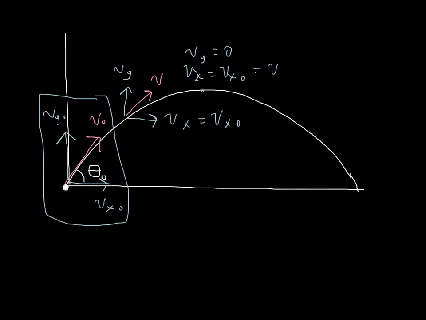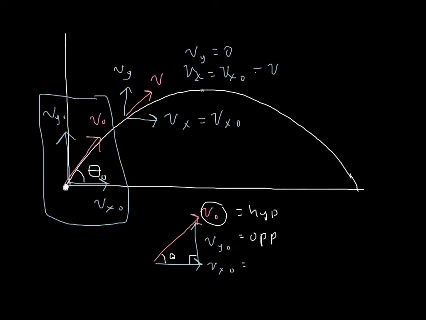So kind of rearrange it to have our resultant velocity vector, our horizontal velocity component, and our vertical velocity component. By looking at this, we know if this is our angle and this is 90 degrees, that means that our resultant is our hypotenuse. Our vertical component is our opposite, and our horizontal component is our adjacent.